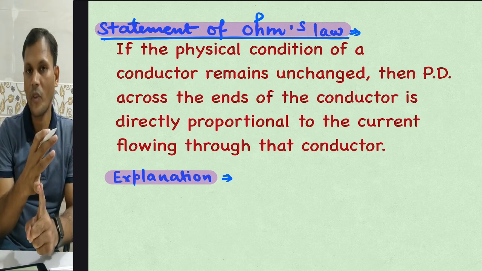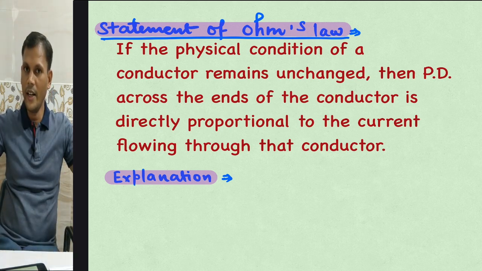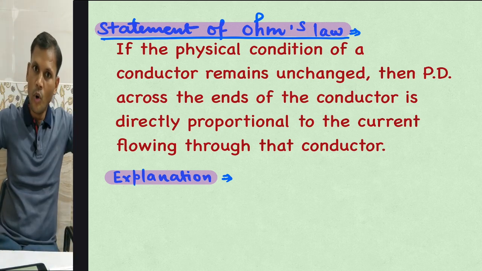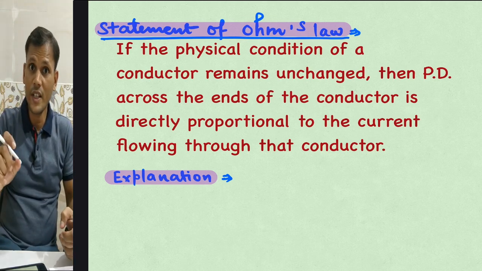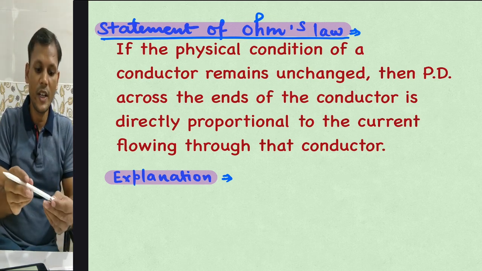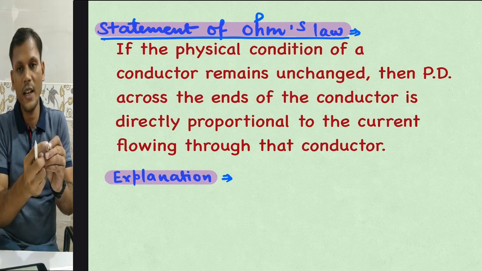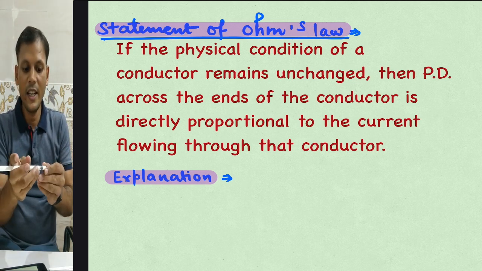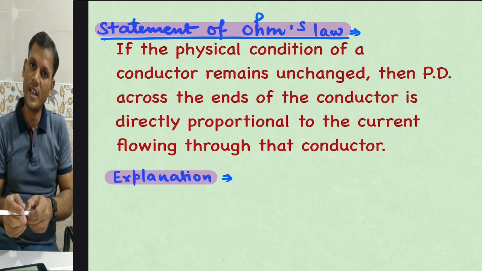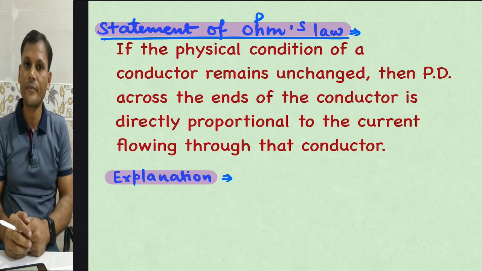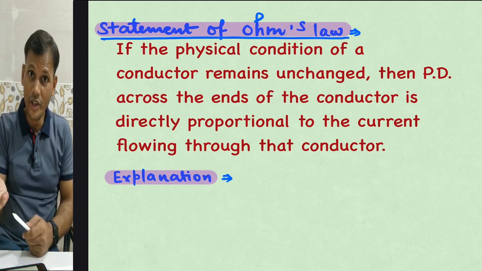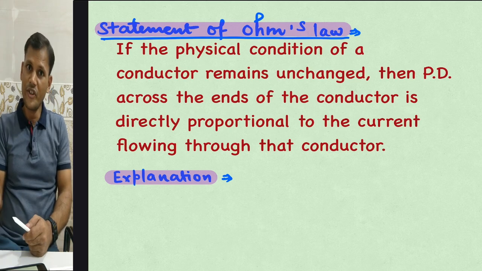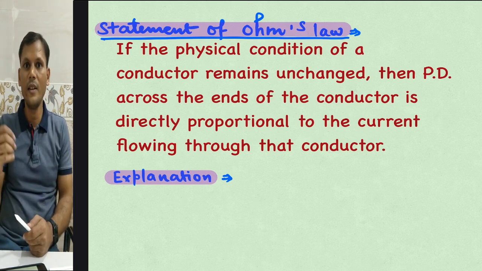The length of the conductor, like a wire: the greater the length, the greater the resistance. The area of cross section: as the area of cross section is more, the resistance will be less. So these are all physical conditions. The temperature of the surroundings and pressure also come under physical condition.